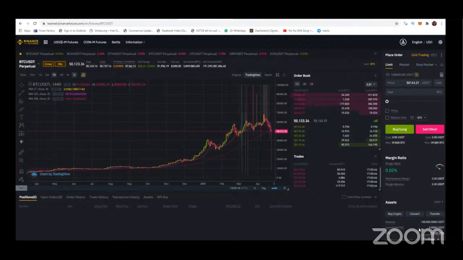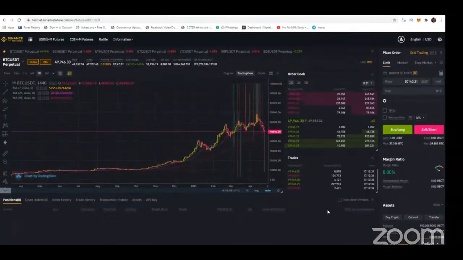And right here, we have $100,000 to trade with. So you're going to be given $100,000 to practice with. This is very, very good. It's very good for us, so that we can familiarize ourselves with the environment first before we start taking real trades with our own money, especially since we are relatively new to the trading environment.